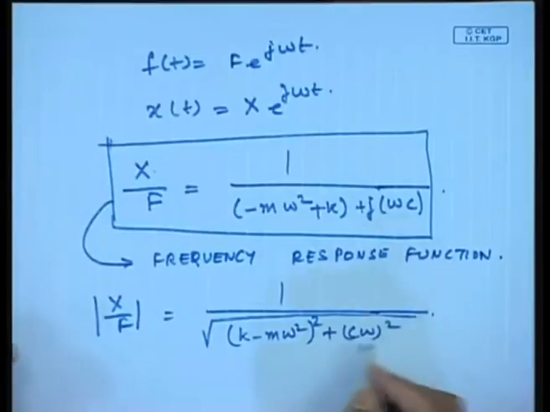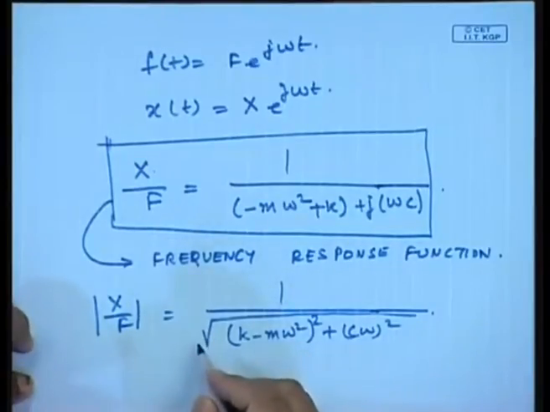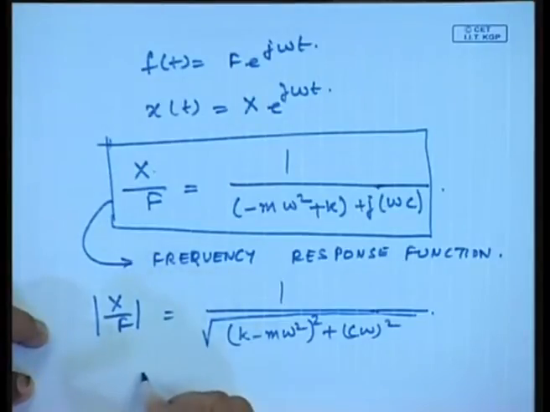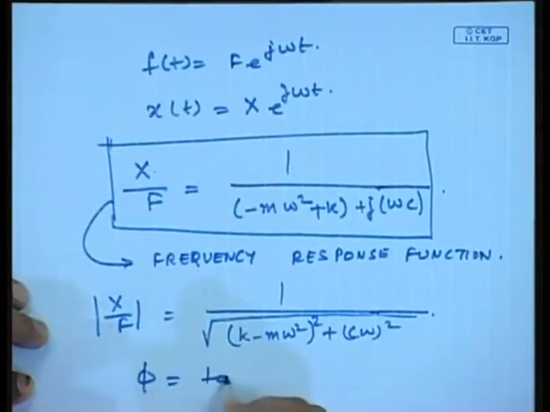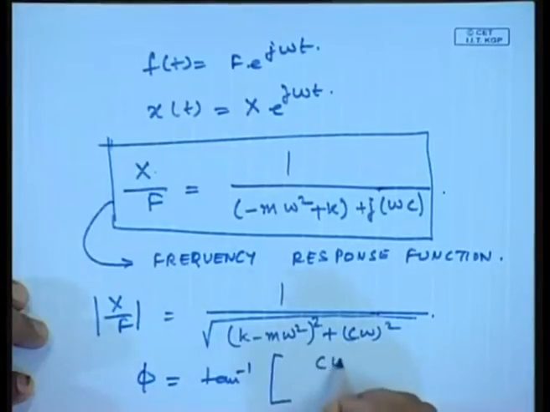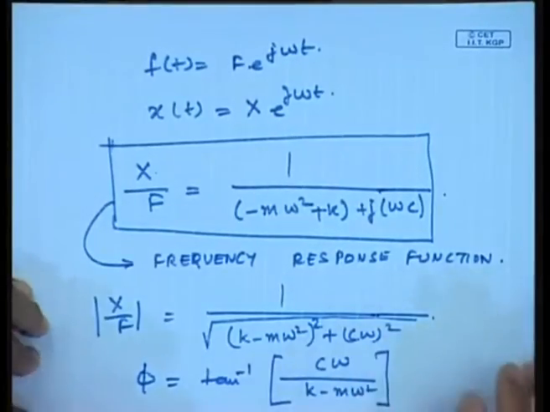Okay. And there will be a phase difference between the response and the input, and that could be given as the phase difference, nothing but tan inverse of c omega by k minus m omega squared. Okay.